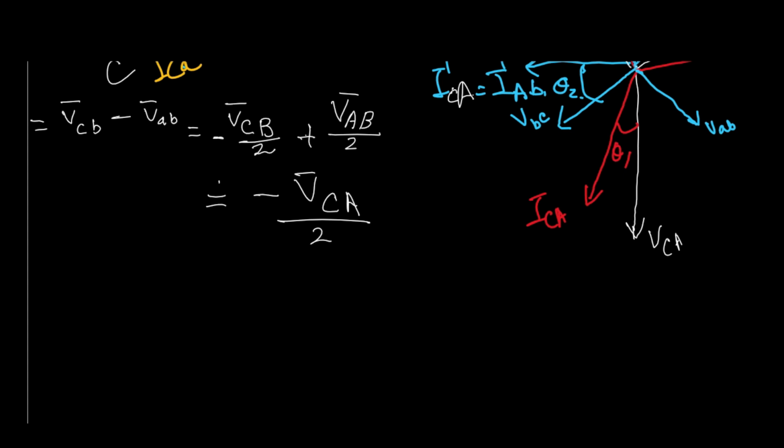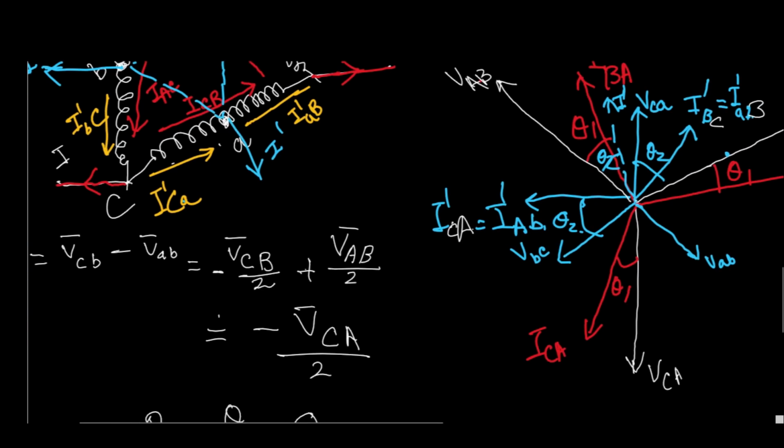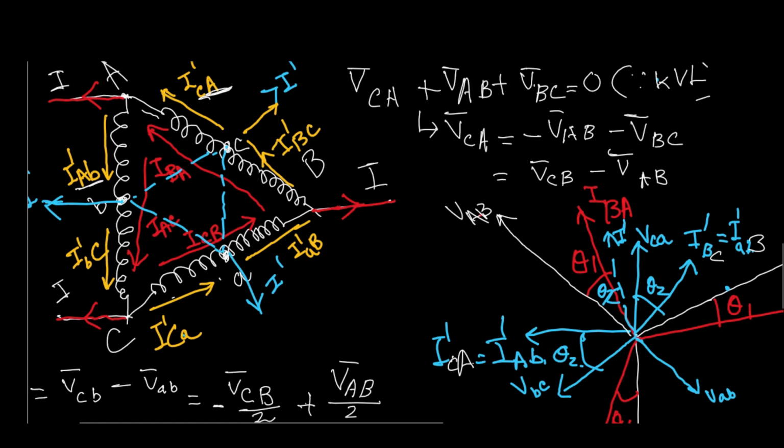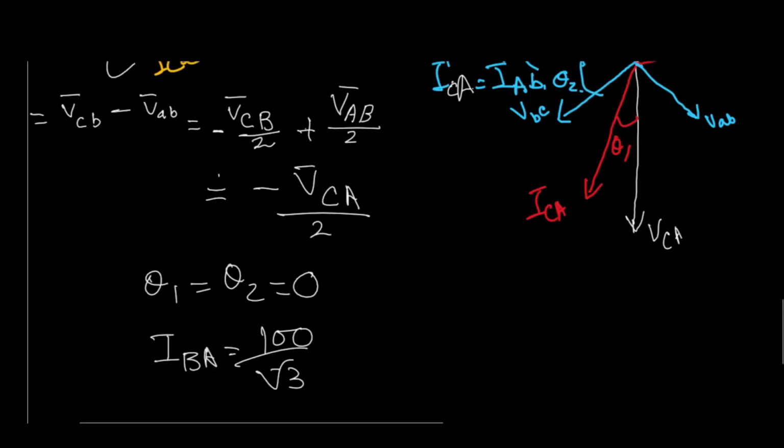Now in the first part it says theta 1 is equal to theta 2 is equal to 0 because both are unity power factor. So what is your IBA, that red current? If this one is 100, then IBA should be 100 by root 3.